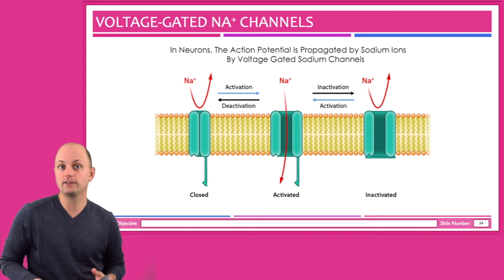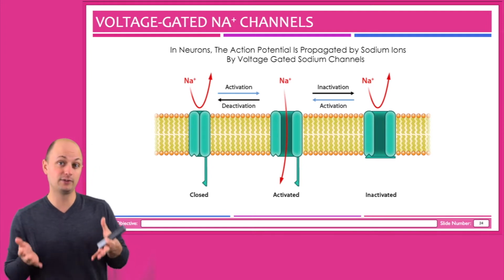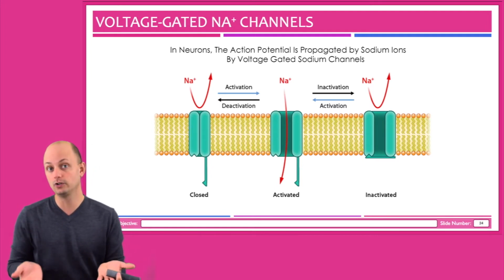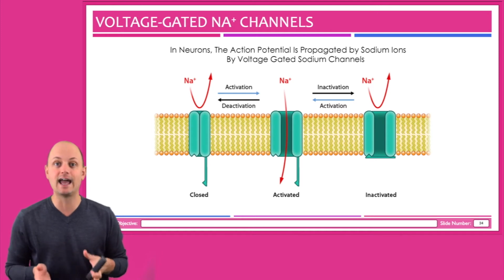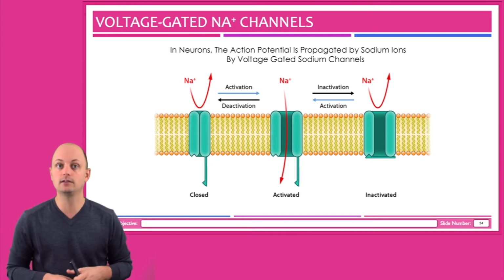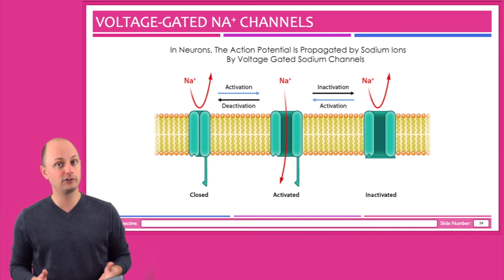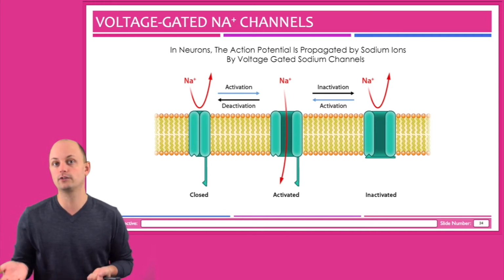But unfortunately, there's one complication with the voltage-gated sodium channel, which is that it actually has three states. In addition to being open or closed, it can also be in an inactive state. Now, one way that we can think about this conceptually is to imagine that voltage-gated sodium channels actually have two doors, sort of like how your house might have a screen door and a door for security.